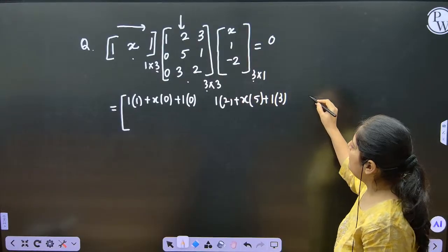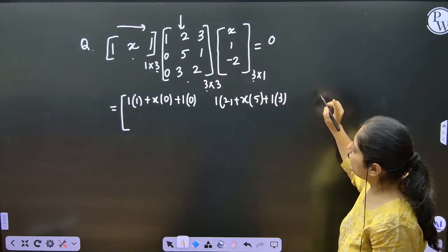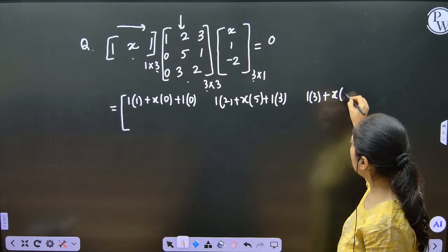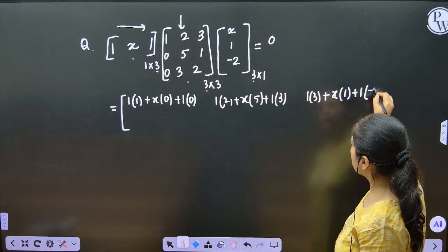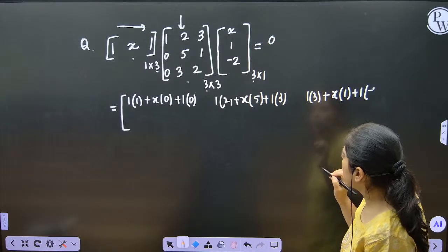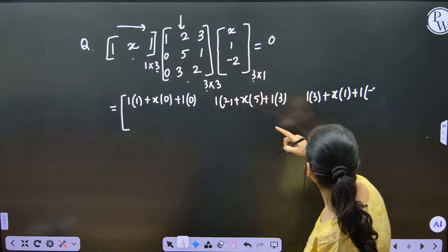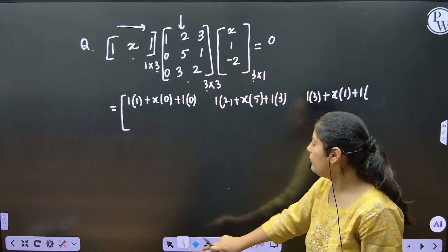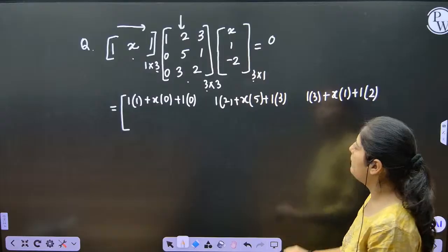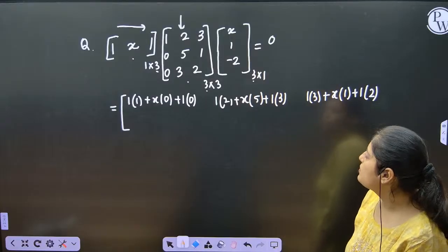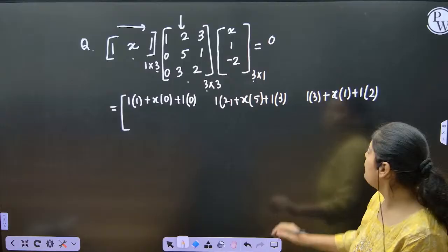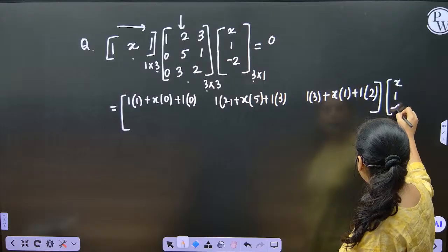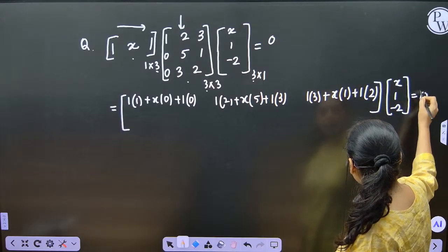Now the first row with the third column: 1 into 3, x into 1, 1 into 2 only, not minus 2. The other matrix is the same only: [x 1 -2] equals 0.